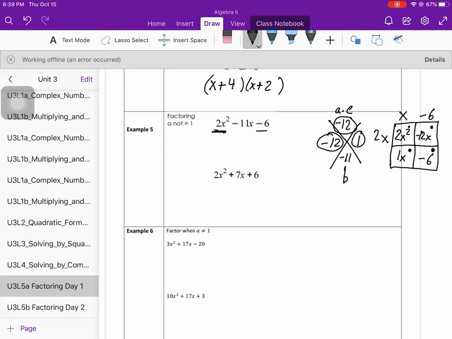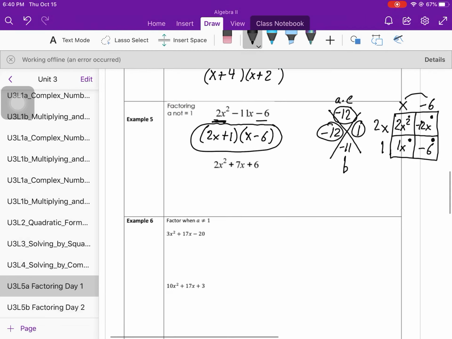Those have nothing in common, so the greatest common factor is 1 for that. So what we get here is these are our factors: 2x plus 1, and then x minus 6. So there we go, we factored it.